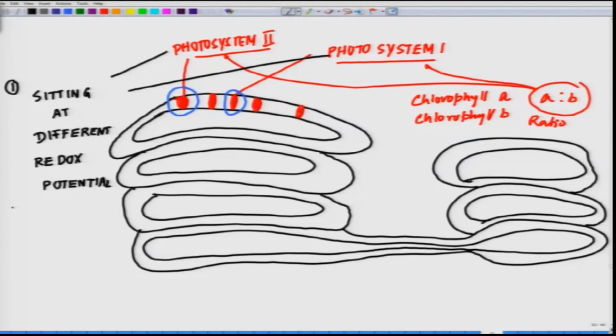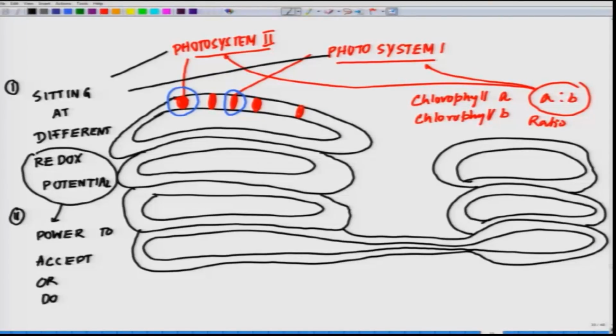Second, this redox potential essentially means the power to accept or donate electrons.